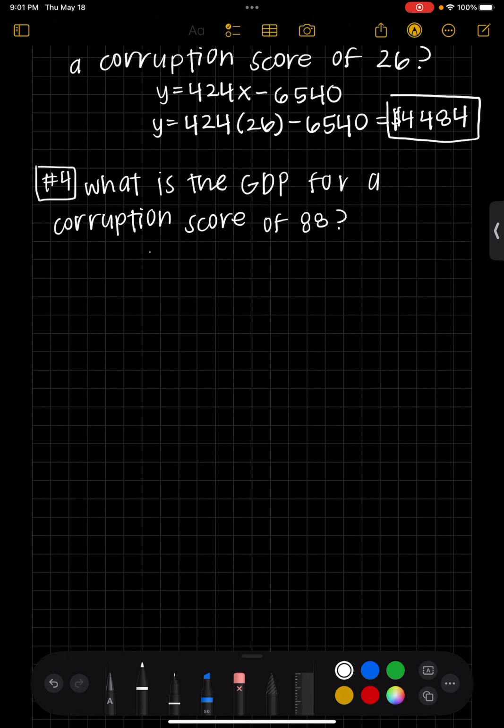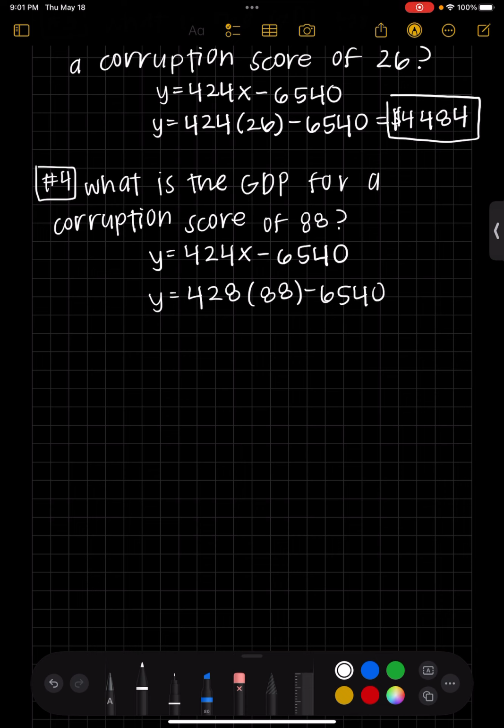So same thing, we're going to use that same equation. y is equal to 424x minus 6,540, but now instead of replacing the X with a 26, our corruption score is 88, so I'm going to replace it with an 88. And then I'm going to plug that into a calculator.